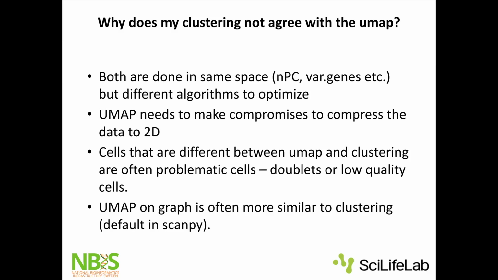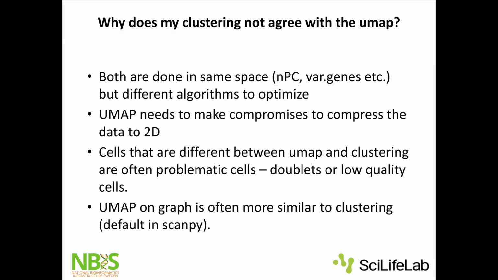This is something that we often get a question on: you do your clustering, you do your UMAP, and then you have cells that belong to one cluster, but they're not completely together in the UMAP. Some are on the other side of the UMAP, even though we use the same number of principal components from the same PCA. You need to think about it as different algorithms.